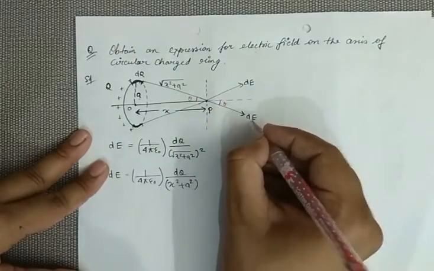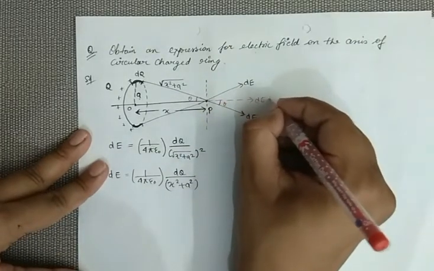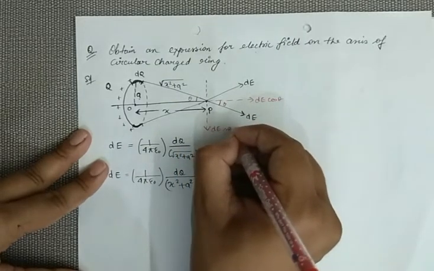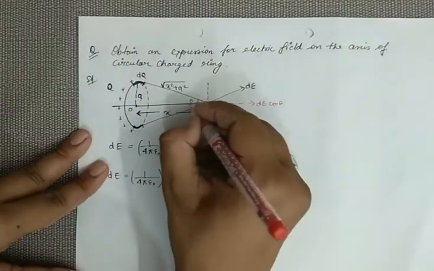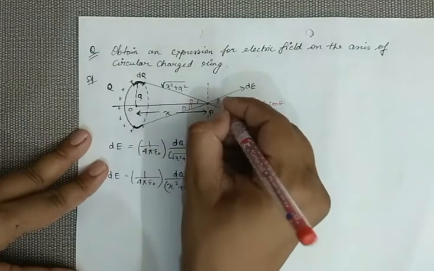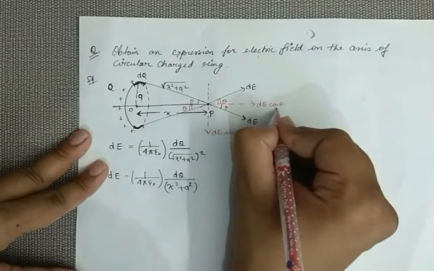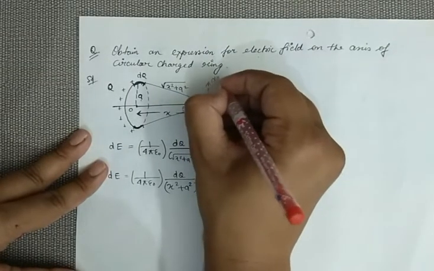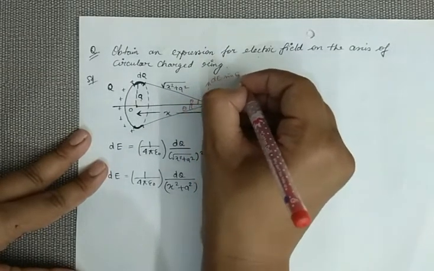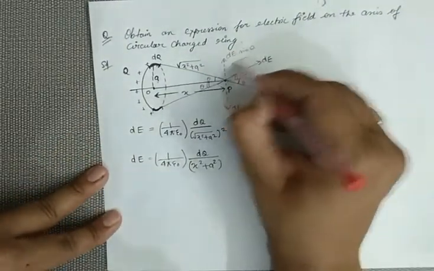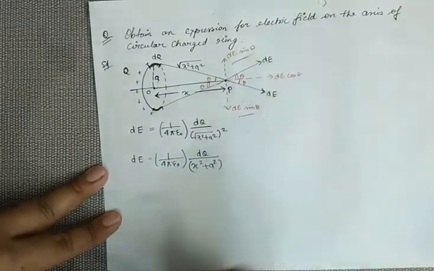Taking the components, it will be dE cos theta and dE sin theta. Similarly for the other segment, the horizontal component remains dE cos theta, and the vertical component will be dE sin theta.